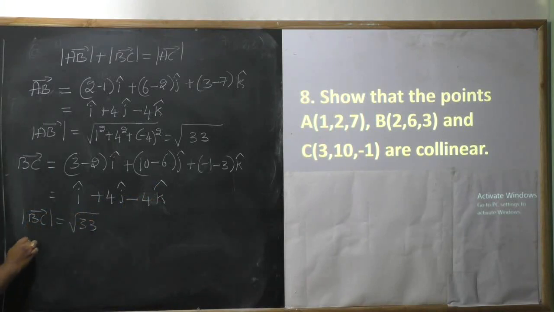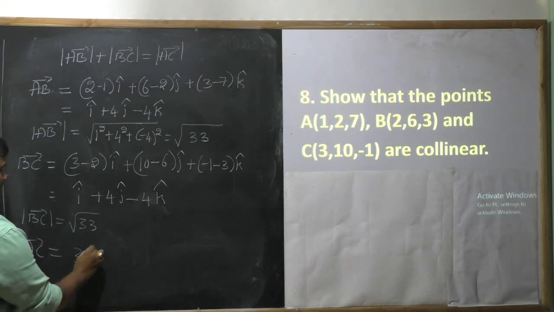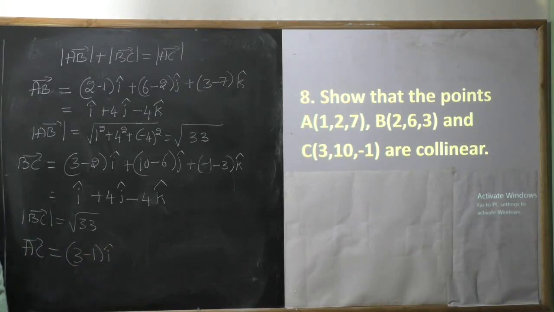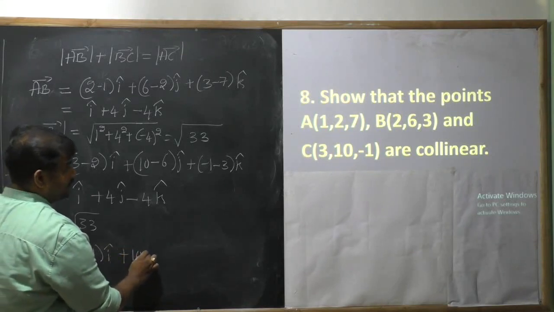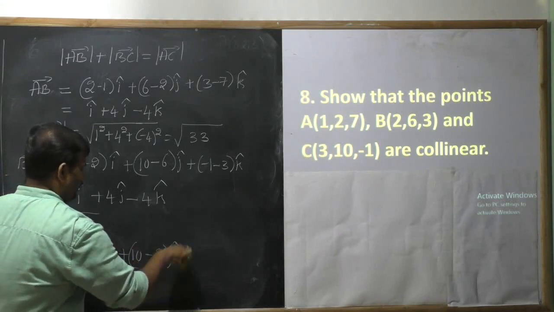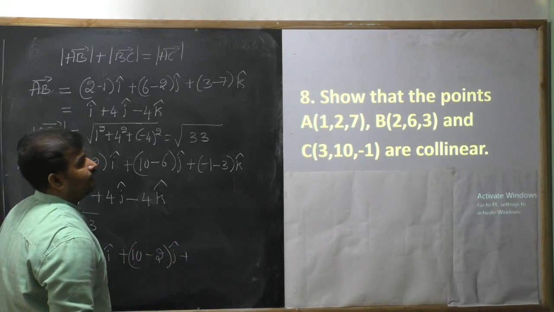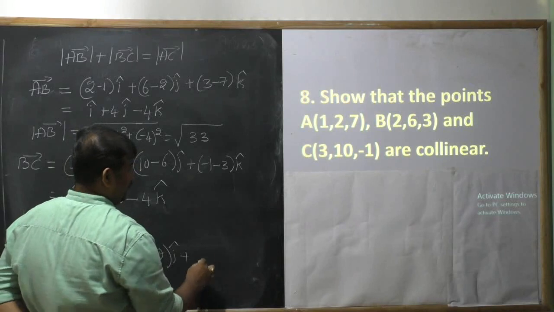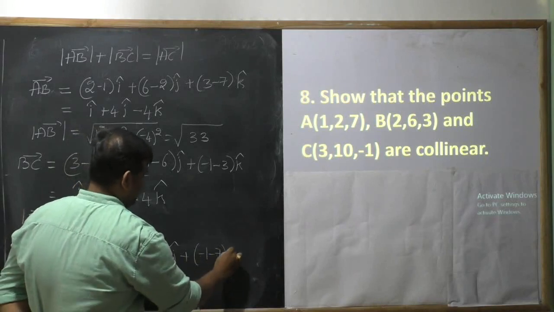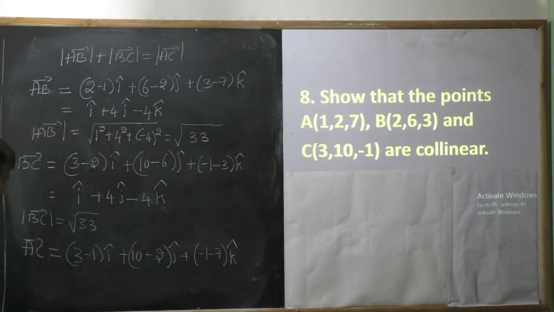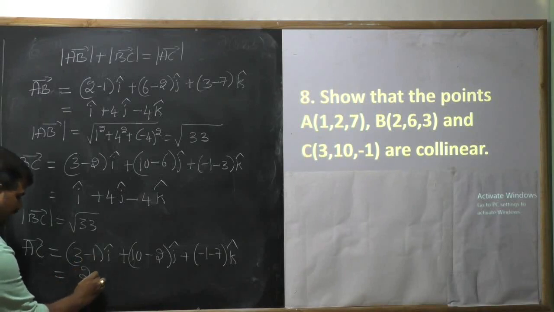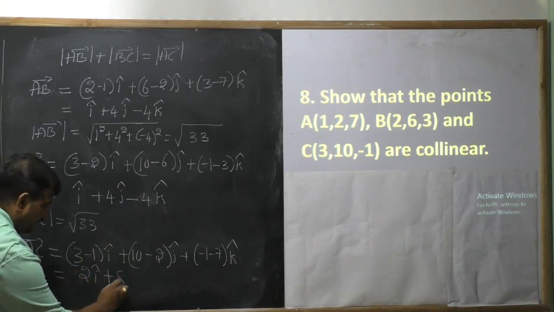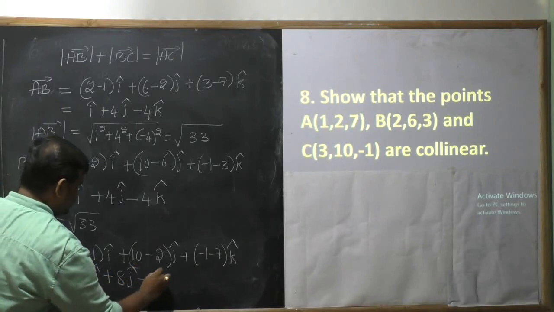Next, what is vector AC? Vector AC is equal to 3 minus 1 I cap plus 10 minus 2 J cap plus minus 1 minus 7 K cap. Writing directly, it is 2 I cap plus 8 J cap minus 8 K cap.